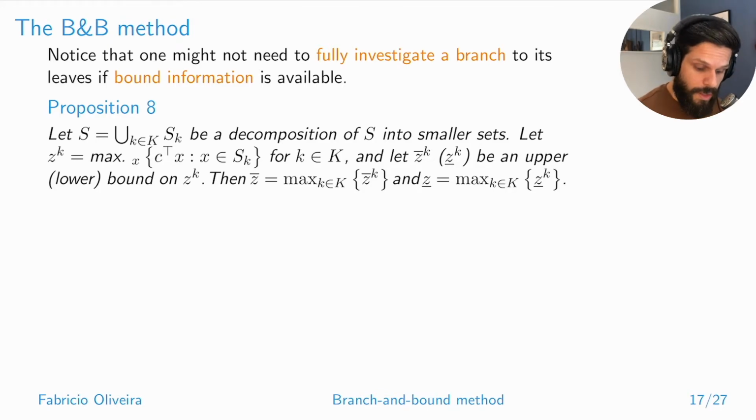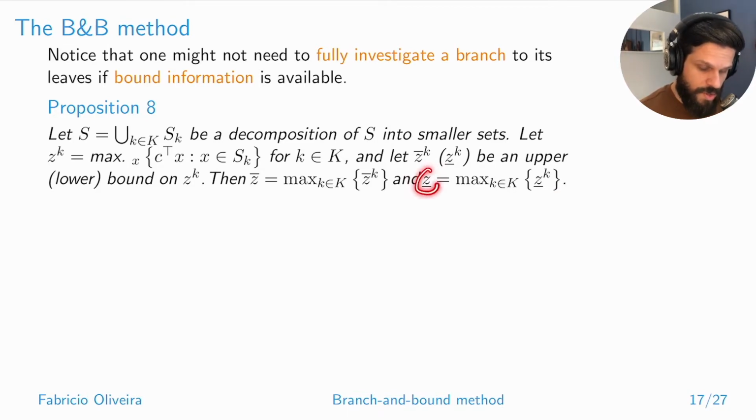However, the primal bound is global, because the primal bound is a feasible bound, and a feasible solution is feasible to S, so it works everywhere in your tree. So every time you find a primal feasible solution, you get a chance to update a global bound.